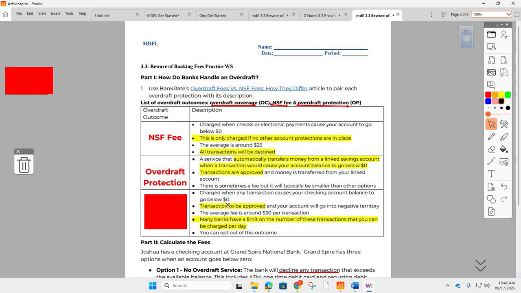They will pay your charges automatically when your checking balance goes below $0, but they do charge you a fee, usually every time up to a certain limited number, and that would be in your contract with them. And you can sign up, and then you can always opt out if you want. And that is overdraft coverage.